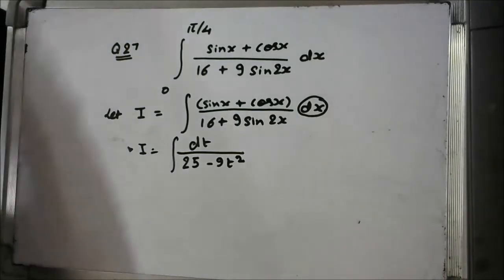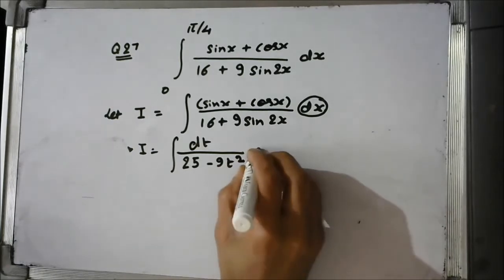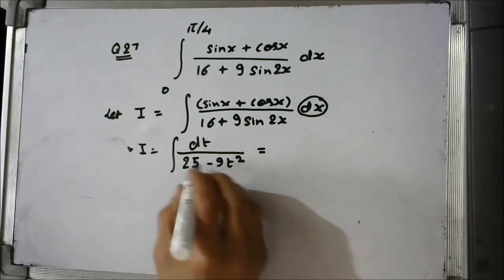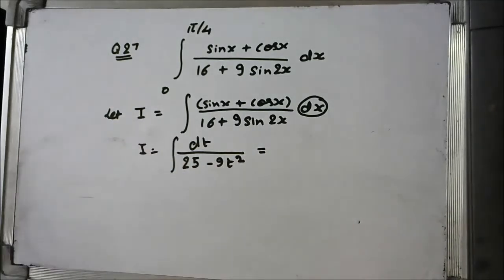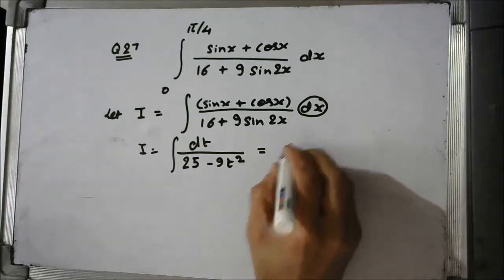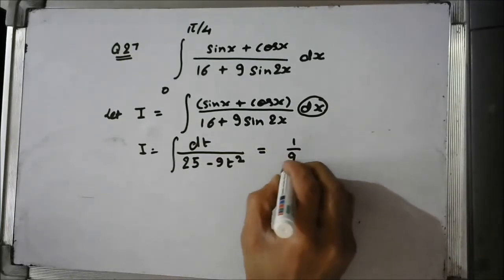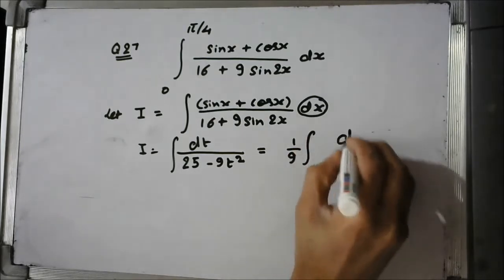This can be converted into the dx upon a square minus x square form. So I will take this 9 common from the denominator.